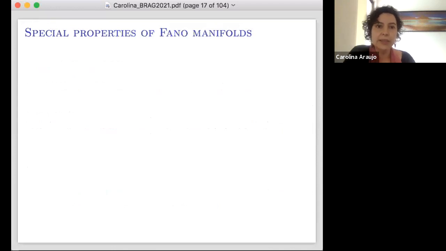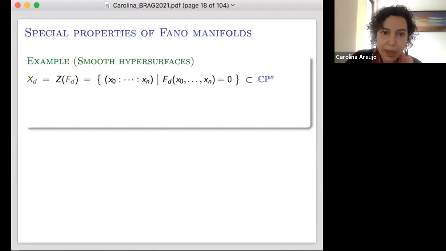So let me start describing. If you look at these three building blocks, what are the special properties of Fano manifolds? I will describe some geometric and arithmetic properties of Fano manifolds. Let me start with a geometric property by looking at smooth hypersurfaces.